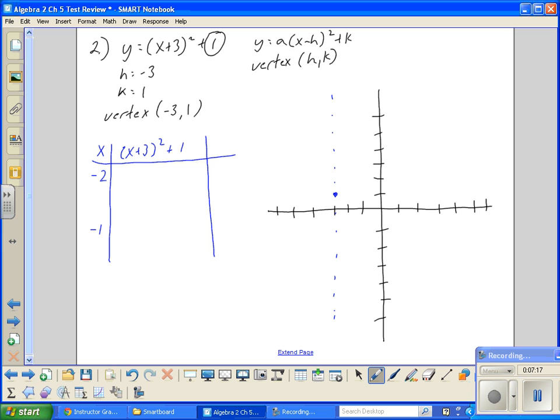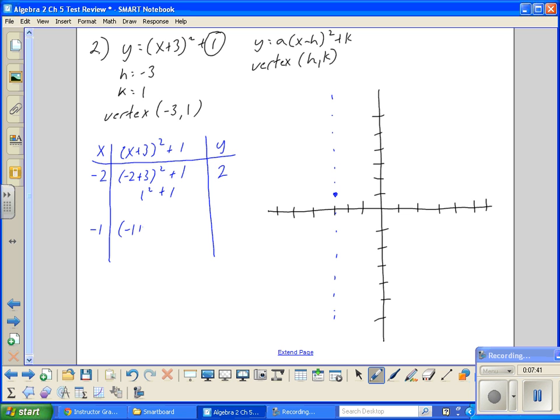So if I plug in negative 2 into x plus 3 squared plus 1, that's going to be negative 2 plus 3 squared plus 1. Negative 2 plus 3 is 1, so we got 1 squared plus 1. And 1 squared is just 1, so 1 plus 1 is 2. Or y. And do the same thing with the negative 1.